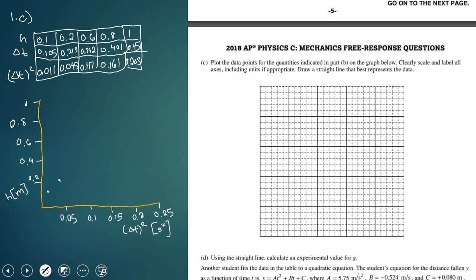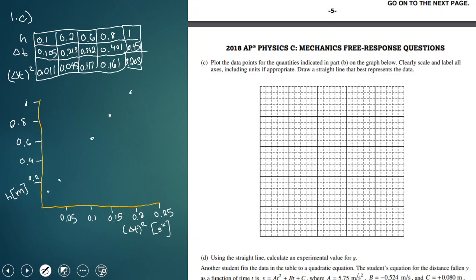Then we have 0.117 and up to 0.6, so just a little bit after 0.1, I go up to 0.6. The next one is 0.161, so a little bit after 0.15, and it's 0.8 as the height. So about here. Oh, actually, let me erase this other one. And then 0.203, so a little bit after 0.2, and I go up all the way to 1.